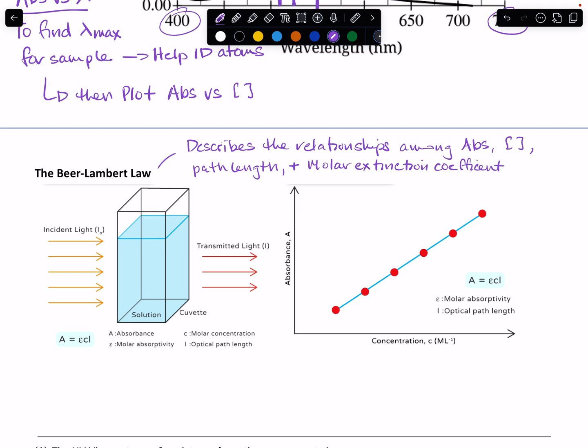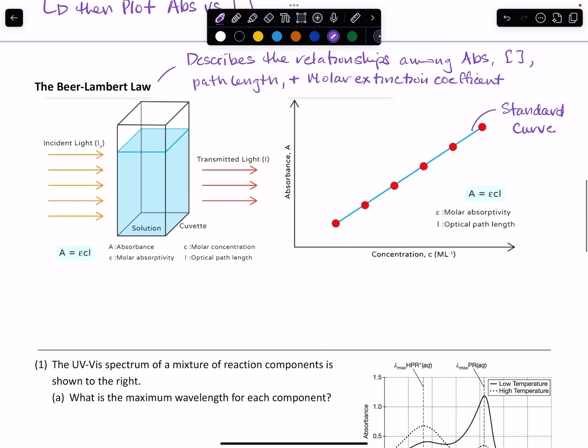Now, the way this particular experiment works is the first thing you have to do is build what's called a standard curve. All right, that standard curve, you're going to have a set number of samples where you know the concentration. You build them yourself. And then you measure the absorbance at that particular concentration. You should get a straight line that looks like this, which means that that is related to the formula of a straight line, which we know is y equals m times x plus b.